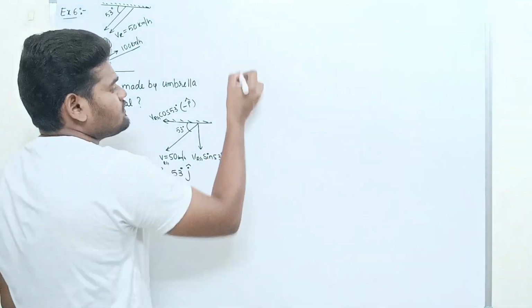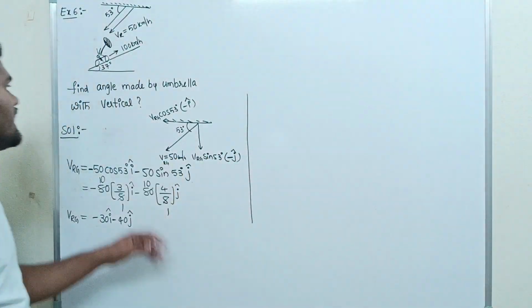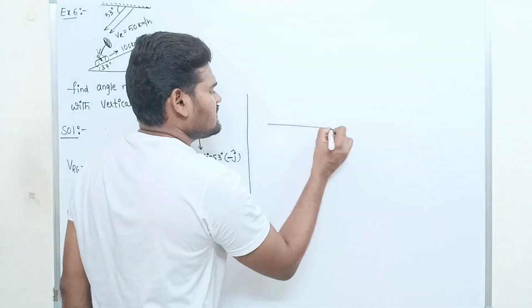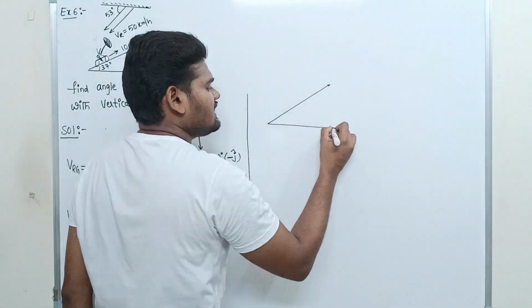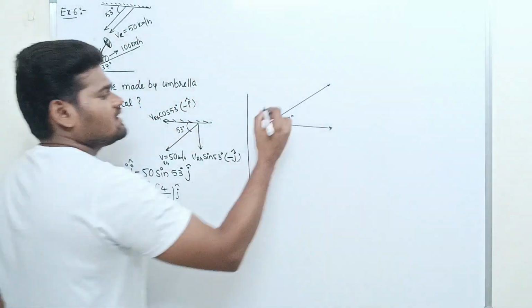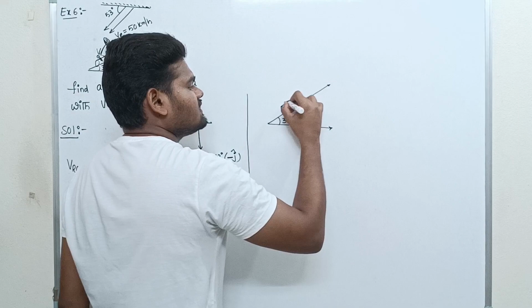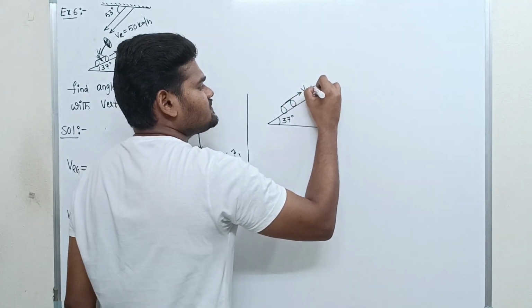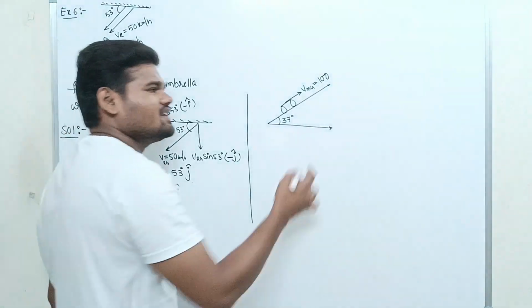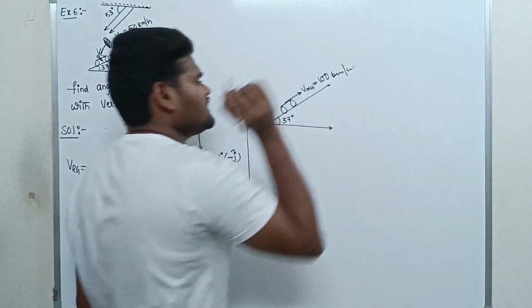Next, the man is moving on an inclined plane, at an angle of 37 degrees with the horizontal. So what is the speed of this man? The velocity of man with respect to ground is 100 kilometer per hour.